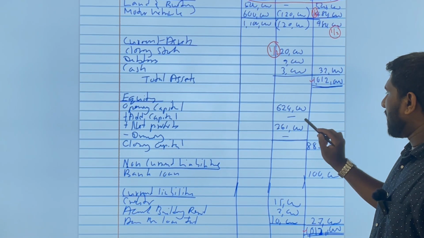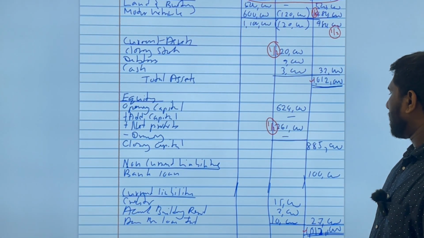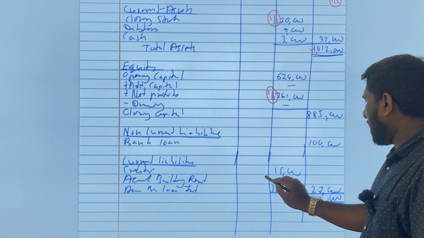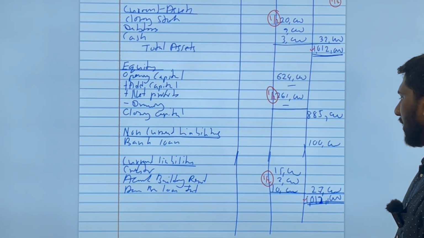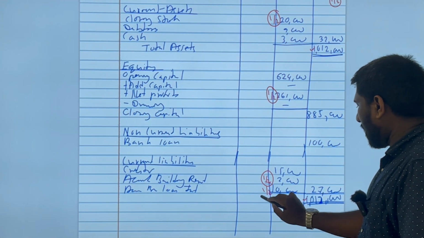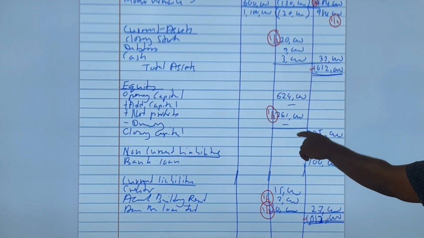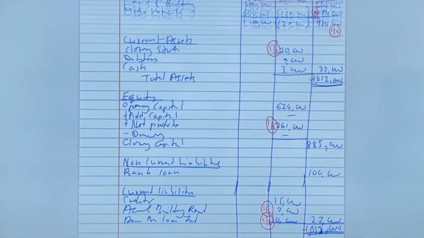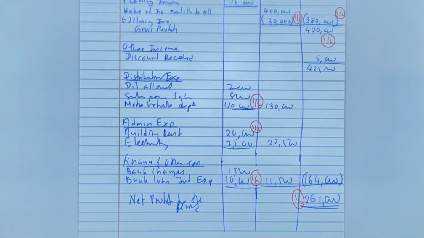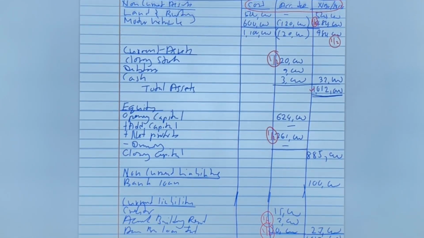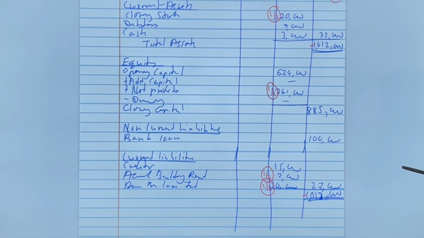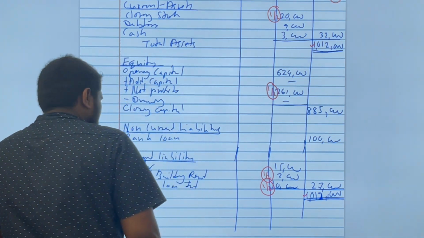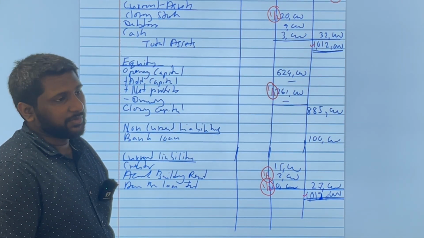Here for the net profit, half a mark, 3 marks. For accrued building rent, half a mark, 3.5. Accrued loan interest, half a mark, 4 marks. So that is how you are getting 4 marks for the income statement and 4 marks for the balance sheet. So your values are balancing for 1,012,000. So this is the answer for the 2021 financial statements with adjustment question.